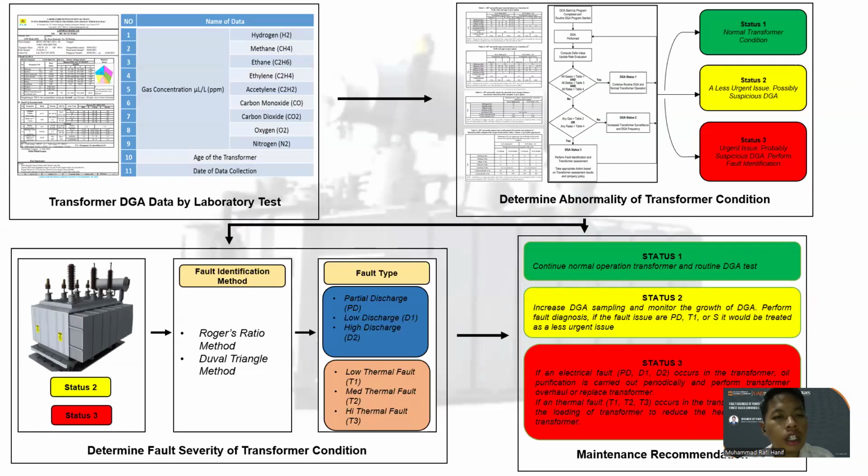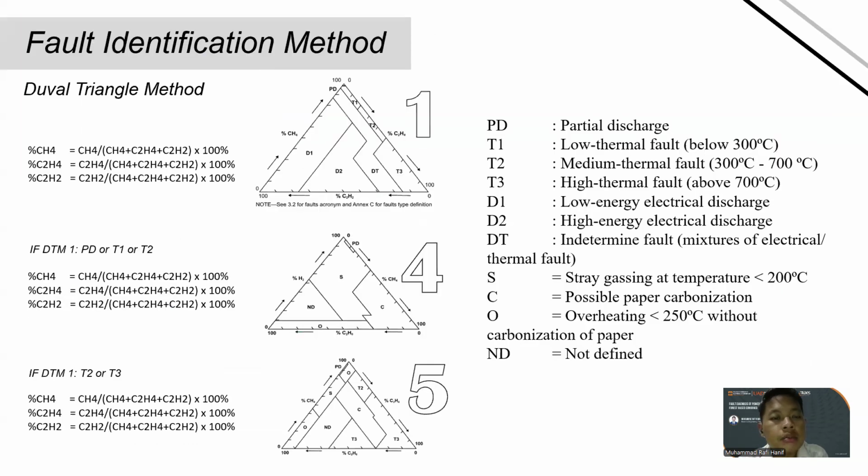And this is the flow diagram of the IEEE standard itself. So the first is to obtain transformer DGA data by laboratory test, and then determine the abnormality of the transformer condition, and determine fault severity of the transformer condition, and we go to the last step, which is maintenance recommendation.